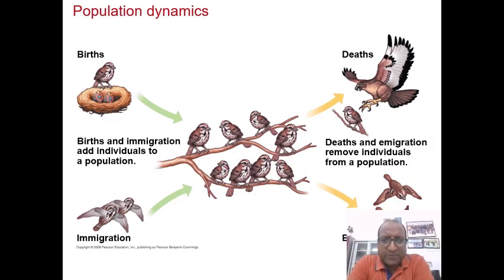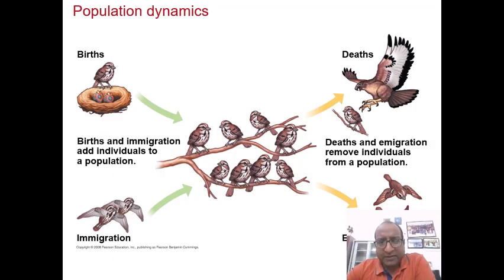Suppose it is a bird population, there are about 4 to 8 birds, and their population may increase or decrease in different patterns due to different factors. On the left-hand side, there is the birth of new ones and the immigration of new individuals into the population, and similarly the death of some individuals and the emigration of some individuals will control the size of the population.